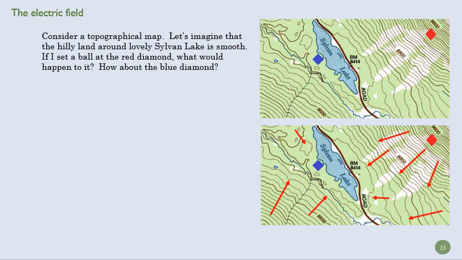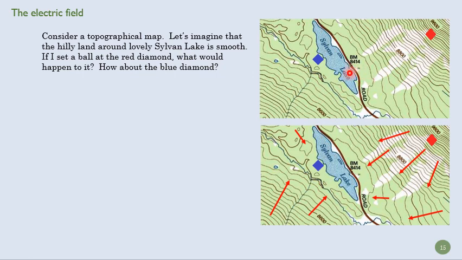Now, we want to get a good idea. There are some difficult concepts here, so I'm going to keep coming back to this metaphor of a topographical map. We have a lovely image here of Sylvan Lake. I don't know where Sylvan Lake is here, but if you've ever gone hiking, you've looked at a topographical map like this.